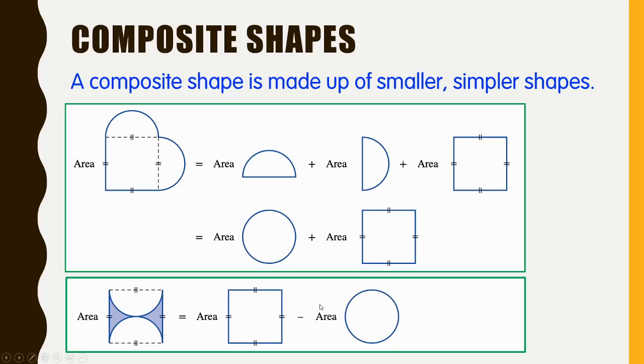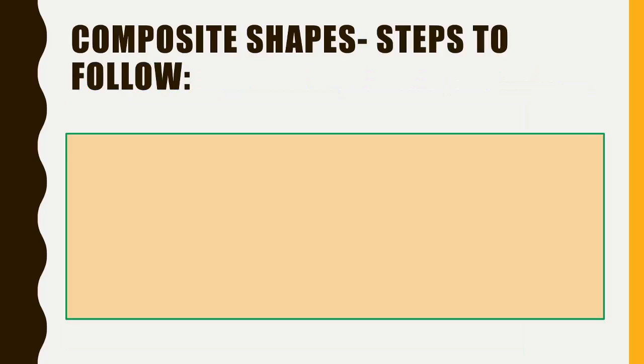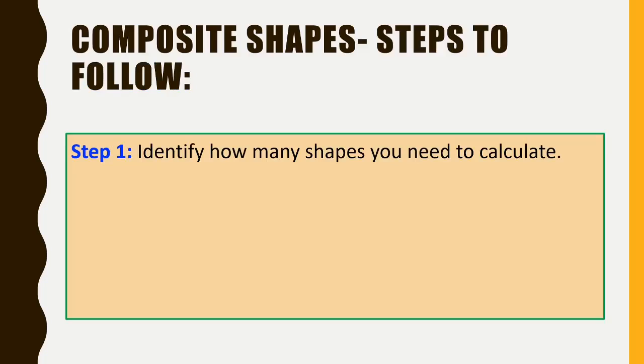So here are some steps that we do to make sure that we can work out a composite shape. Step 1 is identify the shapes that we need to calculate. So we break the shape up into smaller shapes. We then identify which formulas we need for those shapes.